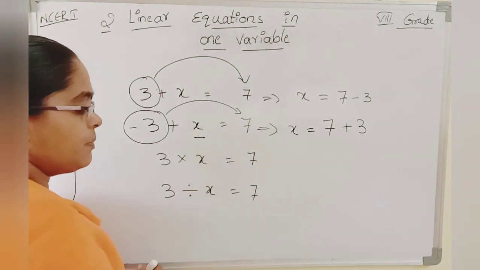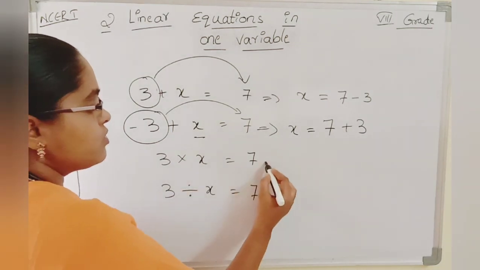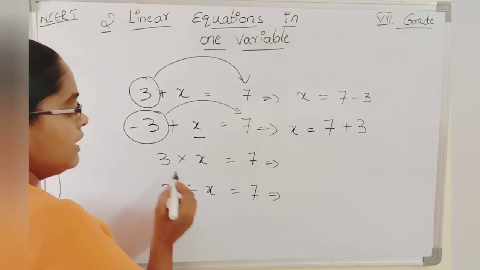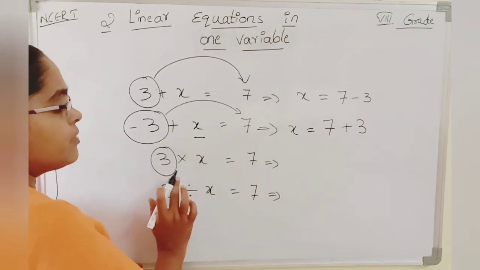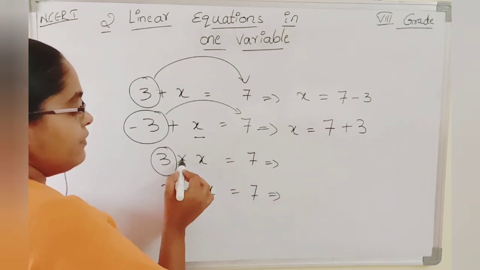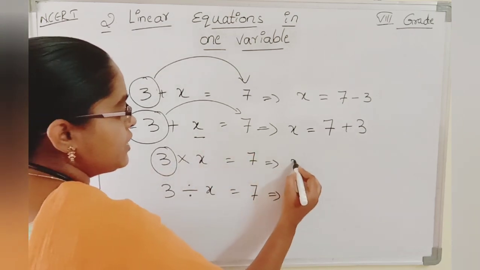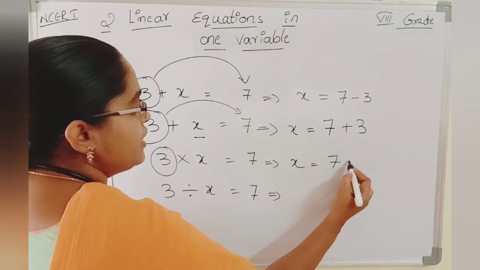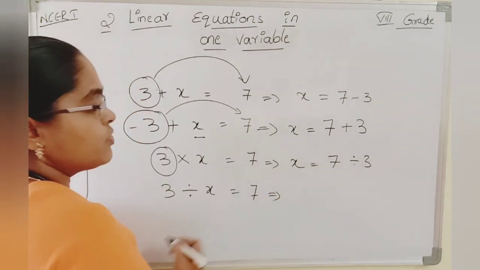Now coming to multiplication and division. See here also, whenever we are sending any number from RHS to LHS or LHS to RHS, if the number is in multiplication, it becomes division when we are sending it to the opposite side.